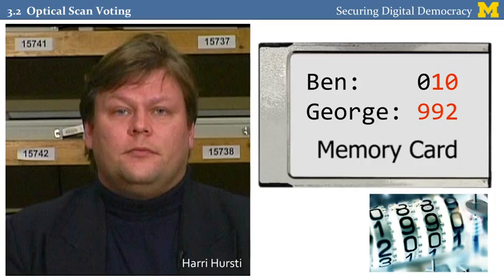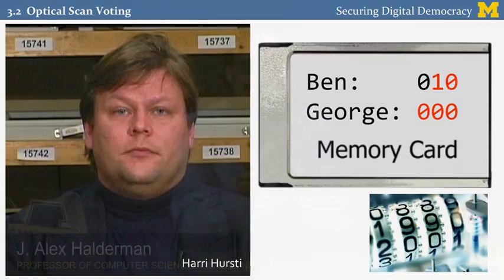Let's say everyone is going to vote for George. He's going to get at least 10 votes. And it's going to wrap around back to 0. So here we've had 10 votes for George, 0 for Ben, but notice the total still adds up. A total of 10 votes are in the machine.